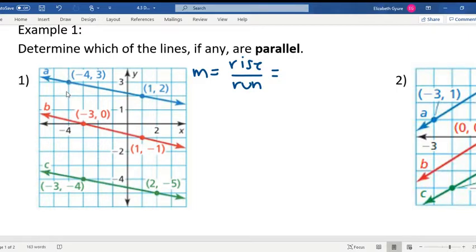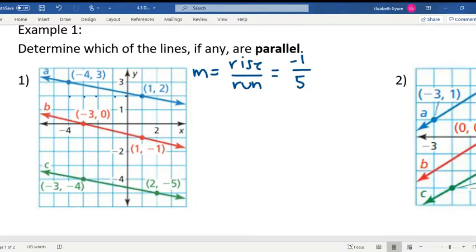I want to count down 1. Okay, so my rise is -1. Then from there, should I count left or right? Right. 1, 2, 3, 4, 5. So that would be a +5. So this line has a slope of -1 over 5.